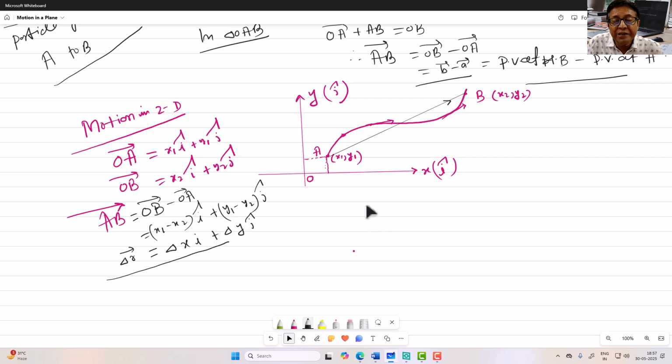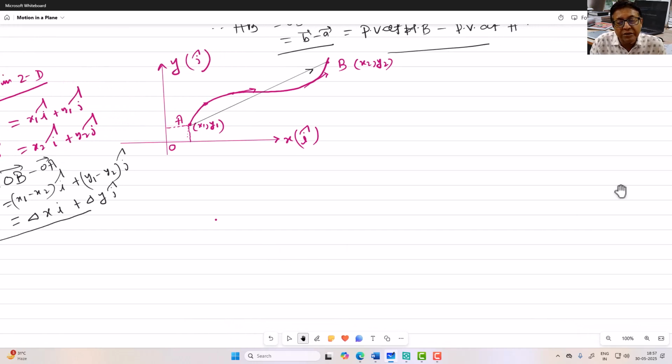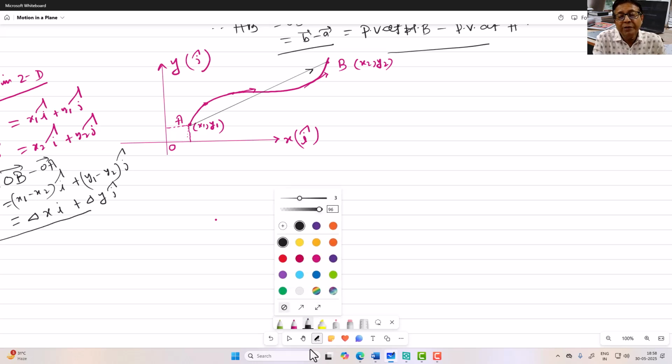I am not considering end of the path and beginning of the path always. So I will be considering any arbitrary point on the path. Okay? One arbitrary point to another arbitrary point. Okay? So let me draw coordinate axis again. Let us start this again, where I am going to find the displacement vector on a curve and then the direction of velocity vector. Okay?